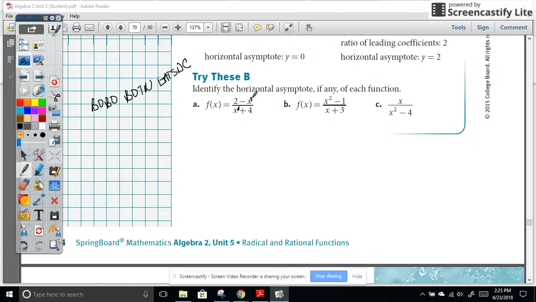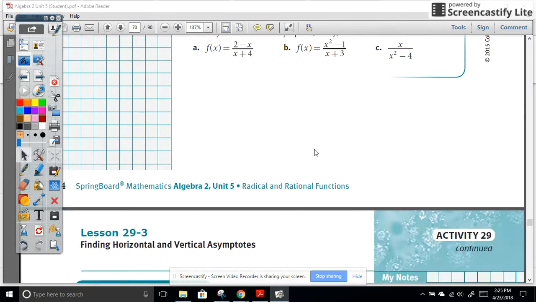It doesn't matter that that's a -1. The exponent right there is 1. The exponent there is 1. The exponent right there is 2. The exponent right there is 1. The exponent right there is 1. The exponent right there is 2. So you're deciding, is it bigger on bottom or is it bigger on top? Are the exponents the same? Okay, that's what you have to decide. So that's going to be part of your assignment right there.